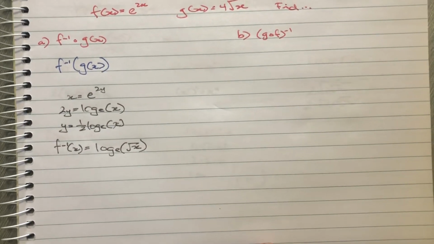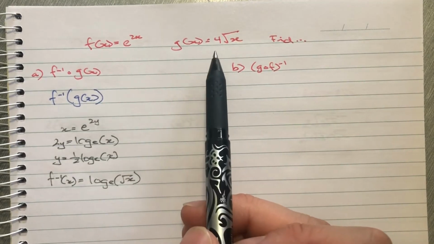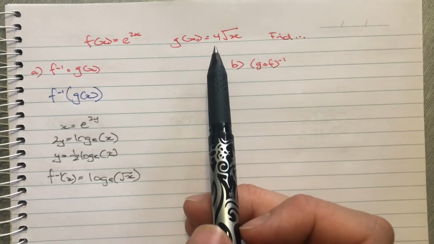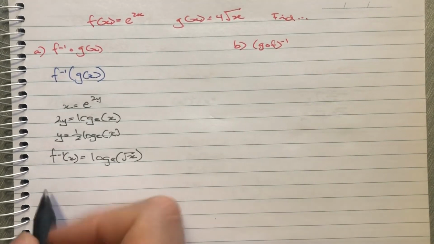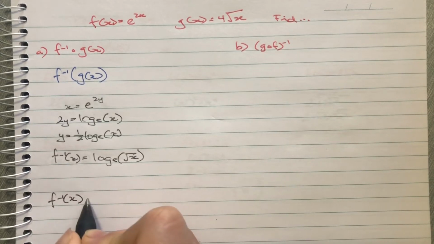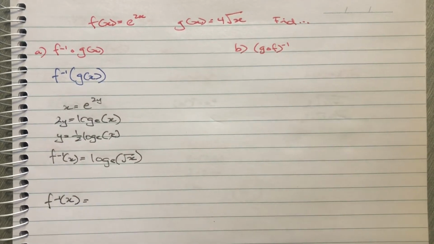So our g is up the top here. I want to put that into our inverse rule instead of x.